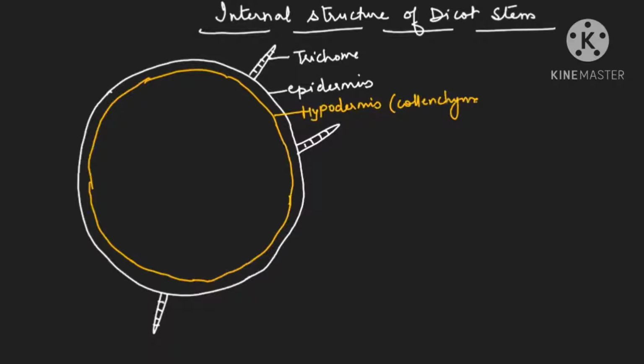Clear? Then the next layer, inner to the hypodermis, this is your endodermis. I'm drawing it right now. The layer which is left in between, try to understand, this is your cortex. And this green color is your endodermis.